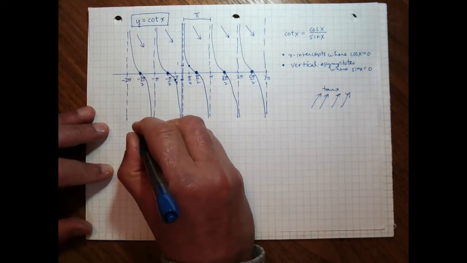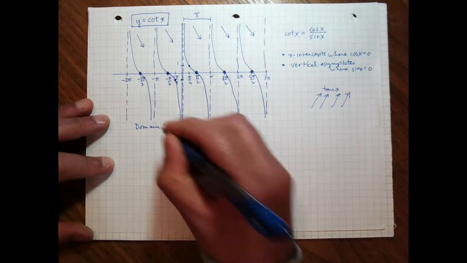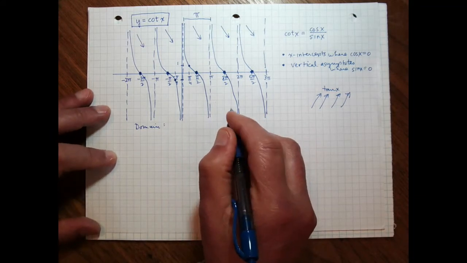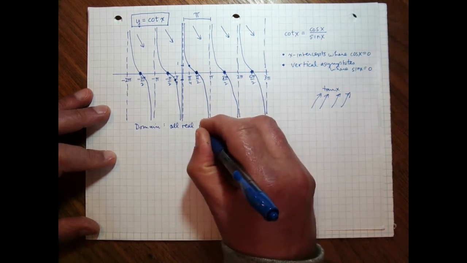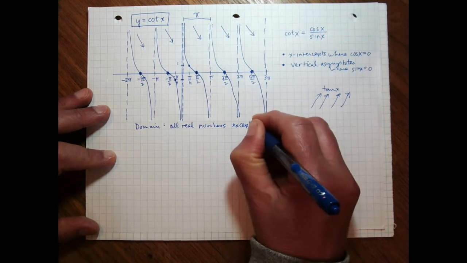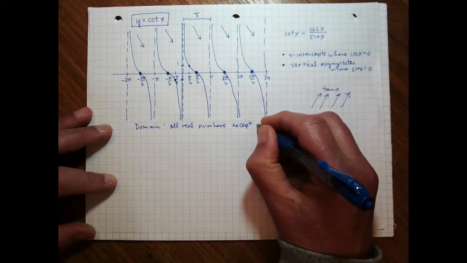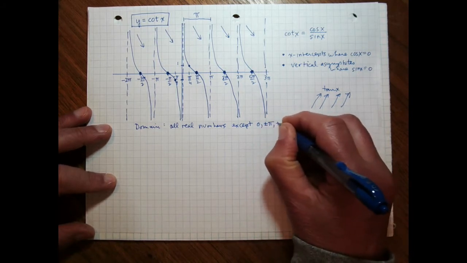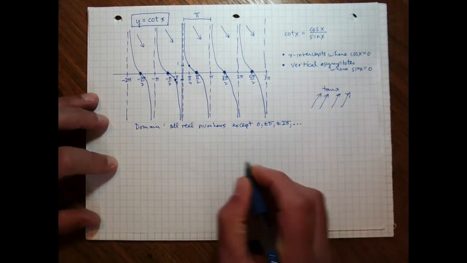The domain of cotangent is also a mess, just like with tangent. It's a little bit easier to write down because it's all real numbers except the x values where the vertical asymptotes occur. So that's except 0, plus or minus pi, plus or minus 2 pi, and so on and so forth, the multiples of pi.